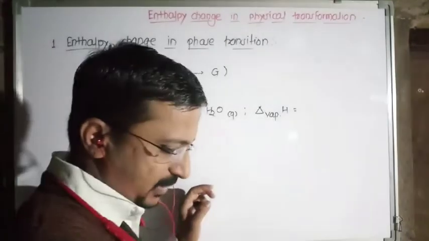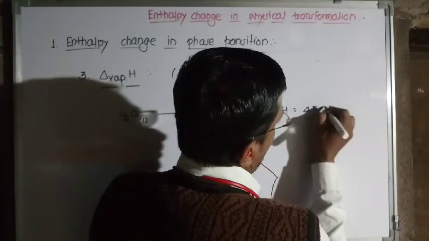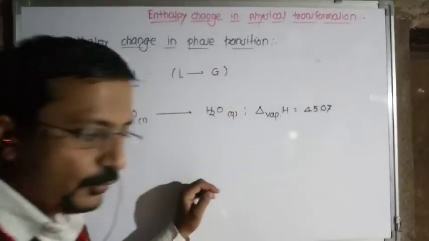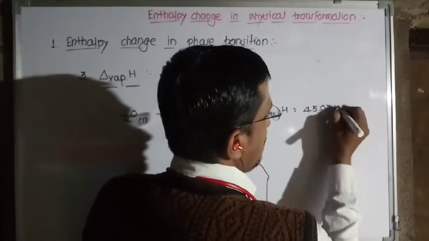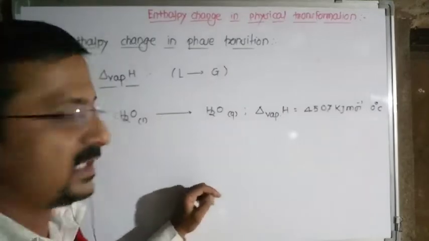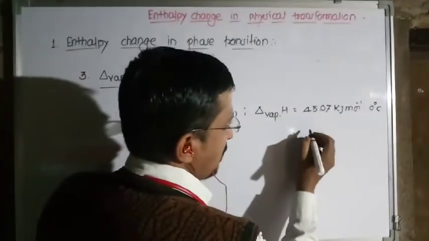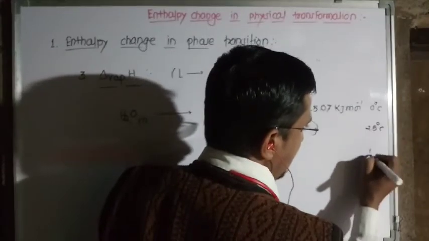At the first temperature it is 45.07 kilojoule per mole, the unit is the same, at 0 degree Celsius. The same enthalpy of vaporization is given at 25 degree Celsius and at 100 degree Celsius.